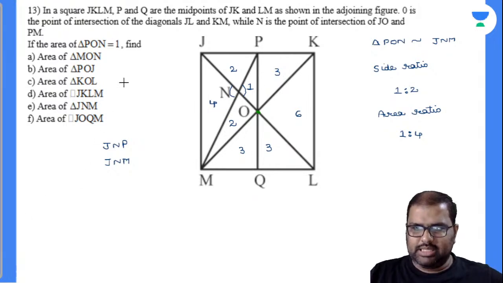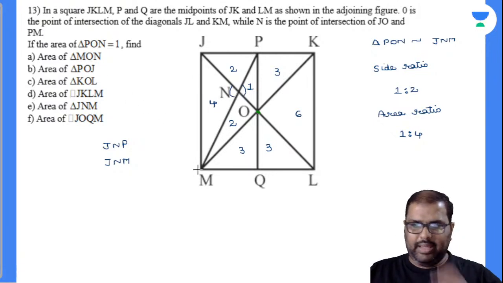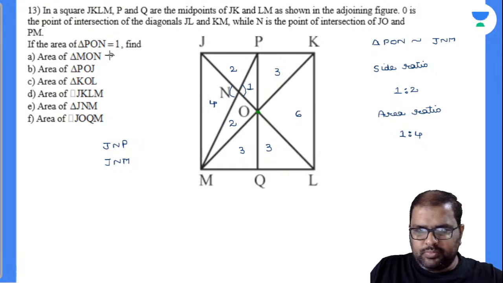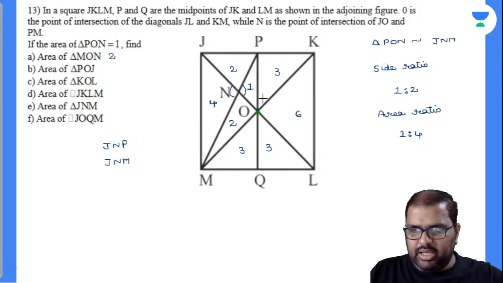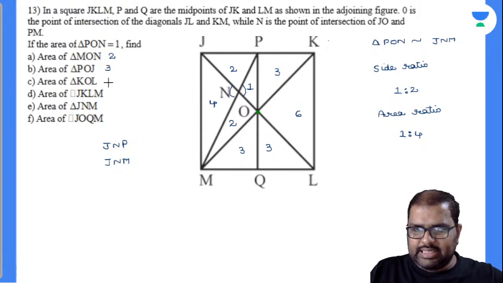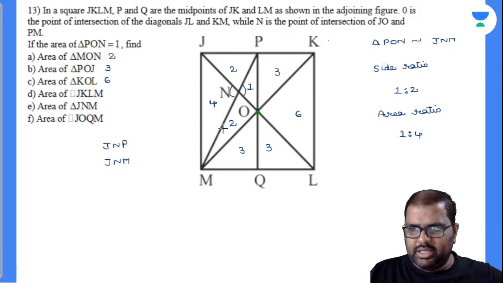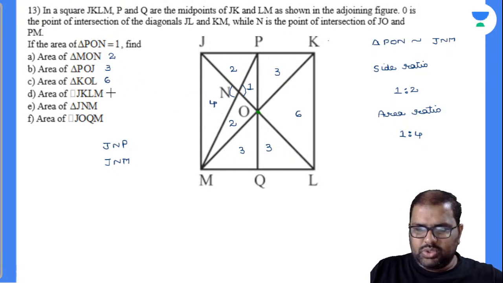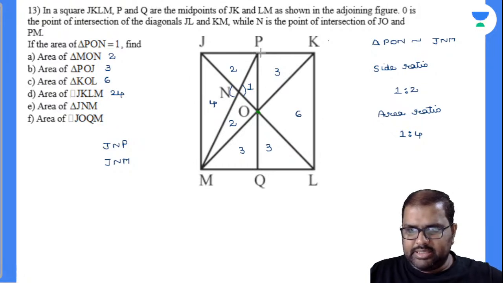Done. Now what is the answer? Tell me the area of triangle MON. MON is 2. POJ is 3. KOL is 6. How much was the whole JKLM? 12. Here also it will be 12. So 12, 12, 24. JNM is 4.